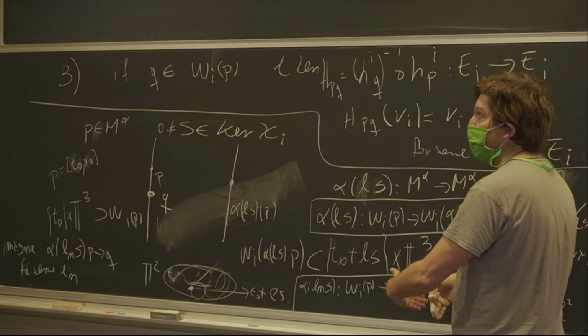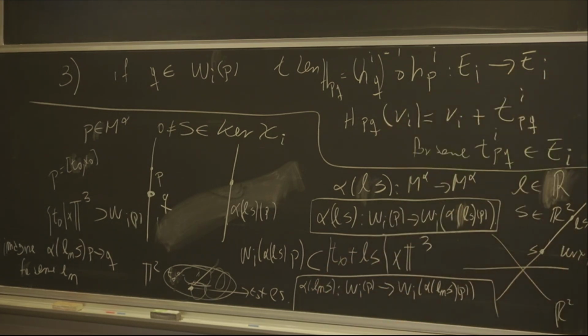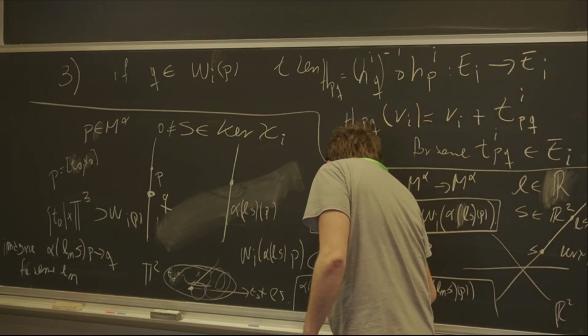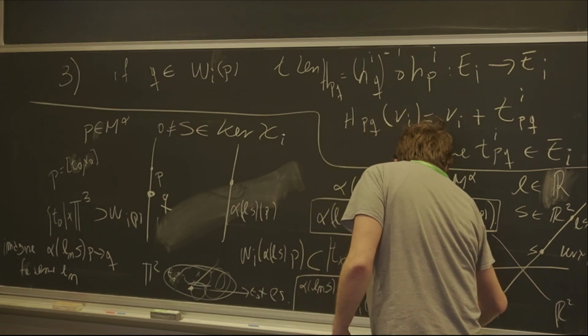And this will have as a limit, because these are always isometries, okay? This will have as a limit some map from W^{wi}_P into W^{wi}_Q.